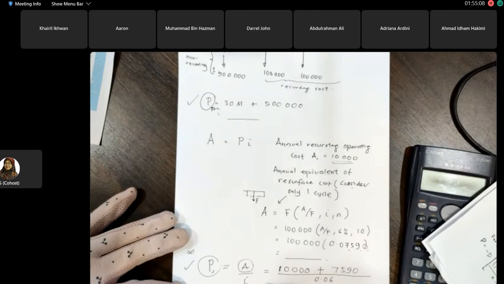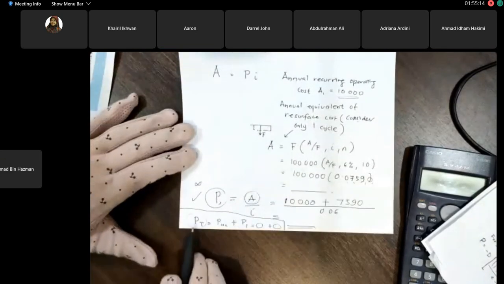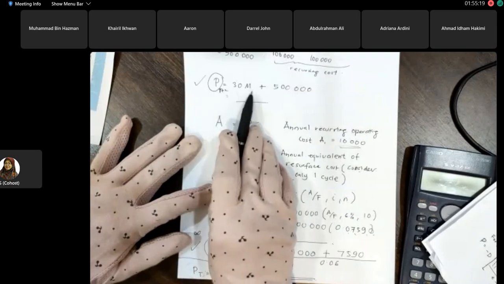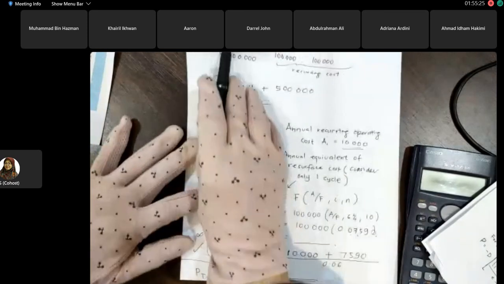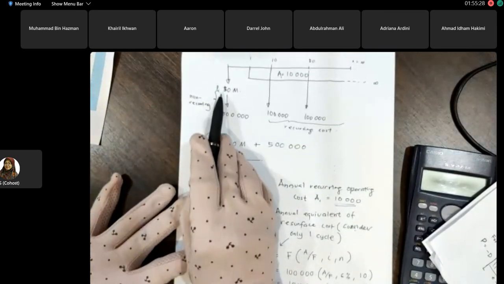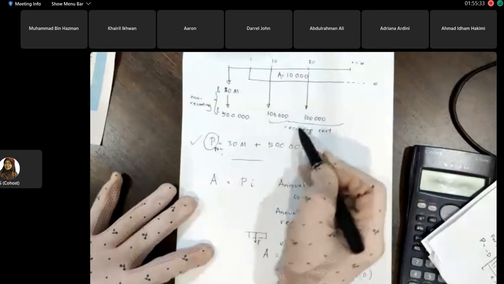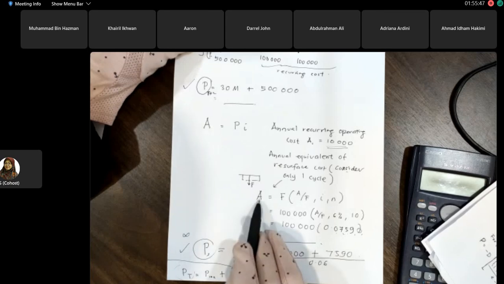Okay, so P total equal to, you have the first P here, 30 million plus 500,000. So you get this P1 plus 2, and then you convert the A and the recurring to P. So you use P equal to A per i. But before you get the P, you have to finish the A first.